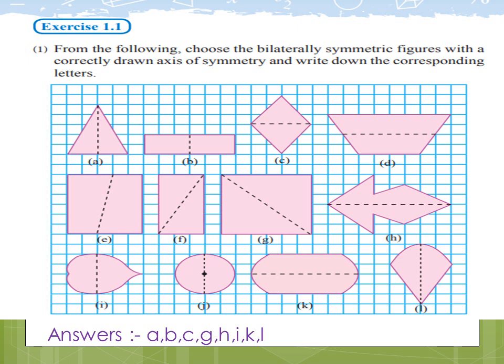That's an oval, and the axis of symmetry is going horizontally, as you can see. And K is also a bilateral symmetric plane figure, because the two parts will definitely coincide.